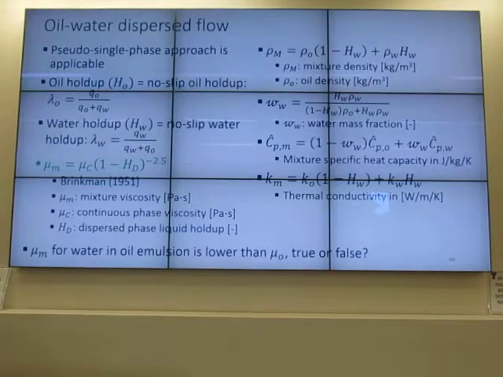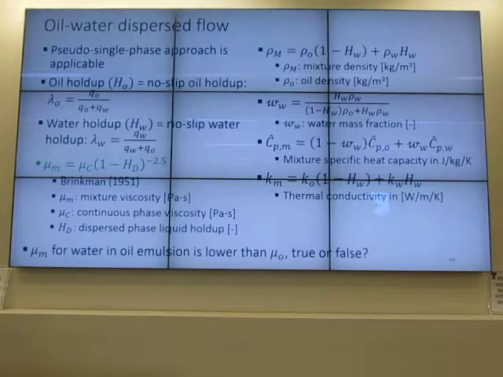So for fully dispersed flow, we may assume that it acts as a single phase flow, like an emulsion or something, and then it flows.